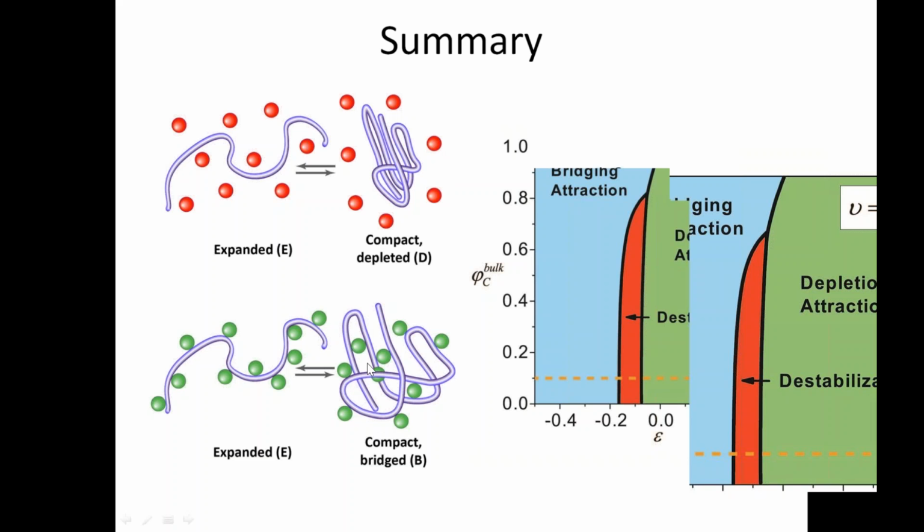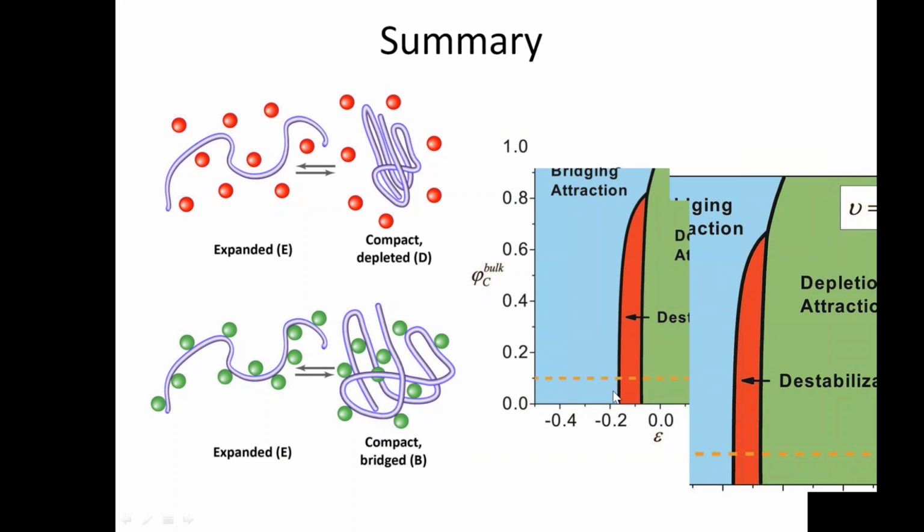Moreover, I've shown that including enthalpic and entropic components to these interactions determines the effect of these excluded cosolutes or included cosolutes on the temperature response of the polymer or colloidal suspension. And basically what we've shown is that when epsilon is positive, the cosolute and the colloid are repelled from one another. Depletion forces act to stabilize the most compact state.